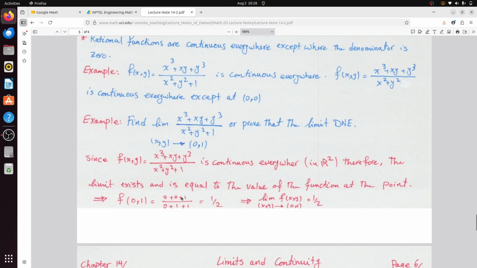So f(0,1) equals 0 plus 0 plus 1 by 0 plus 1 plus 1, because x square plus y square plus 1 cannot vanish anywhere.